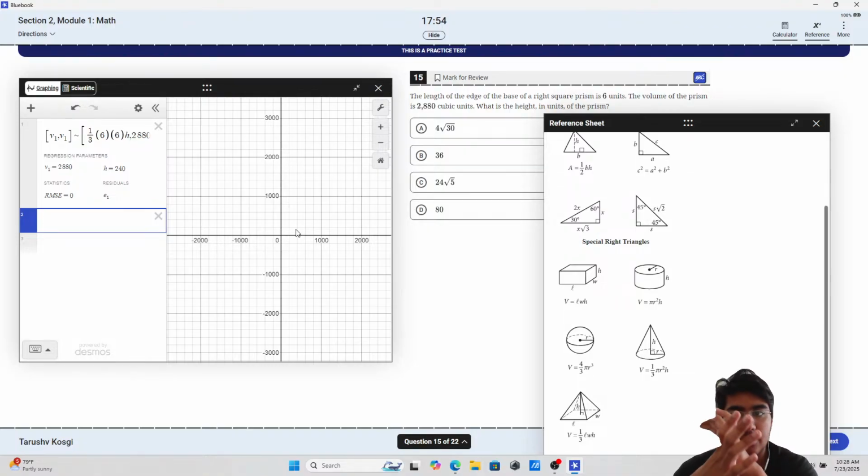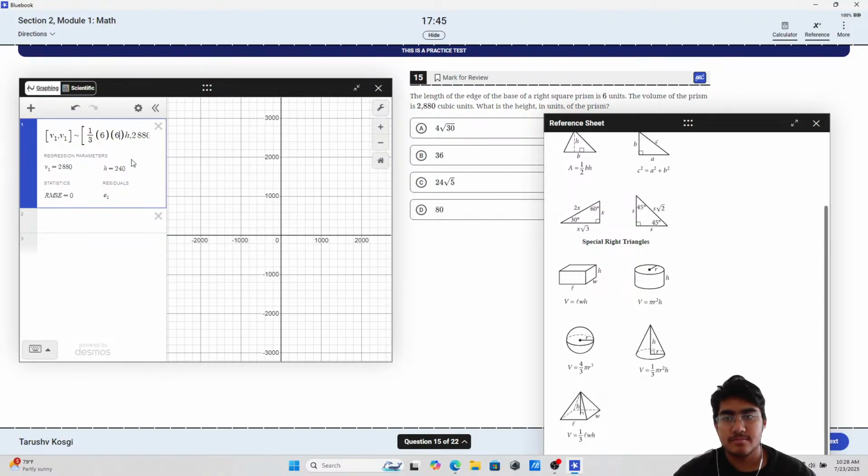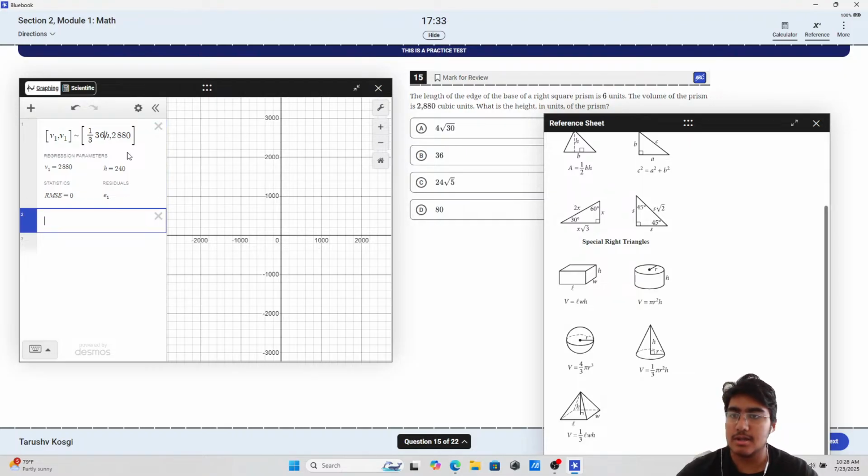Yeah, I mean, I have the volume and I have the height and the width. Length, width, height. It's saying 240 here. But, okay, fine.